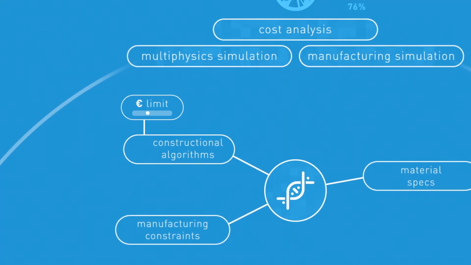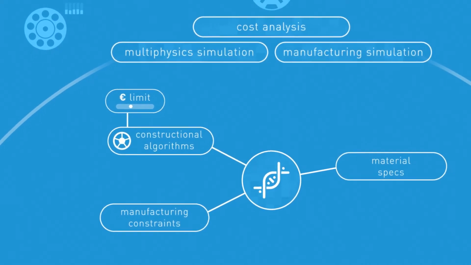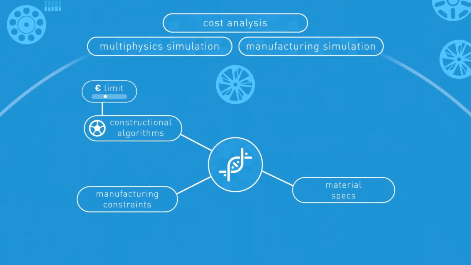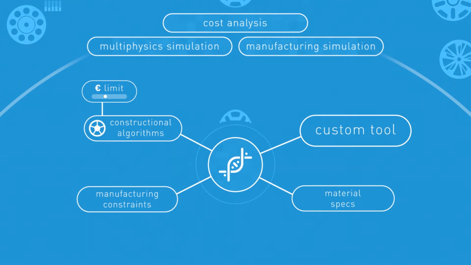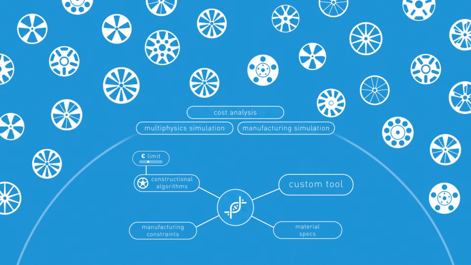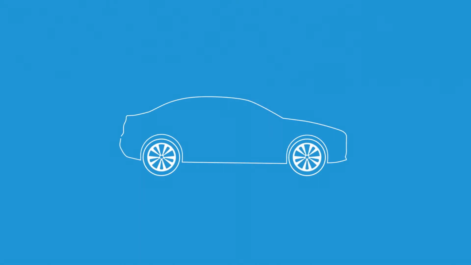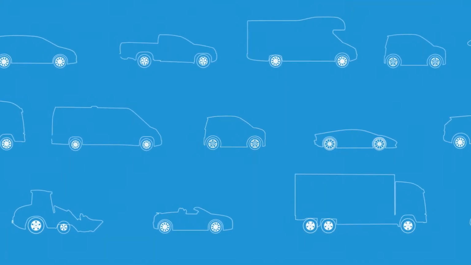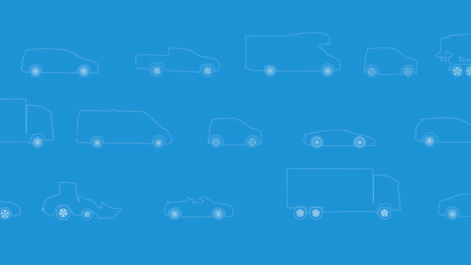Tweak the DNA to create exactly the optimal design. Our open software platform even provides you with the possibility to bring in your own tools. Design once. Let all adaptations be generated automatically. The time is right for generative engineering.